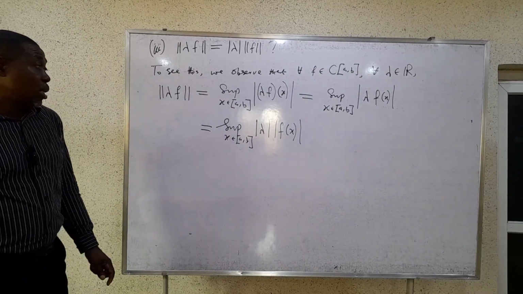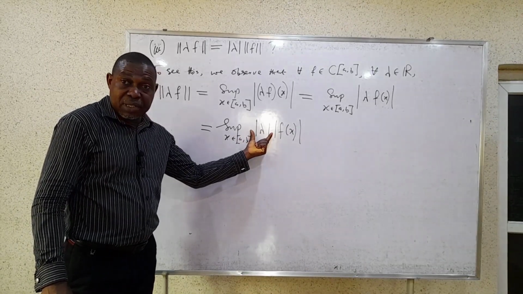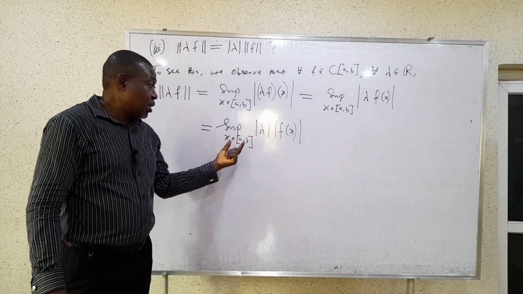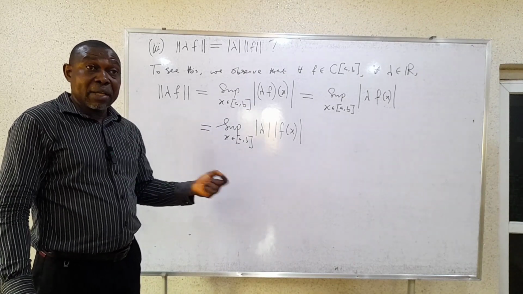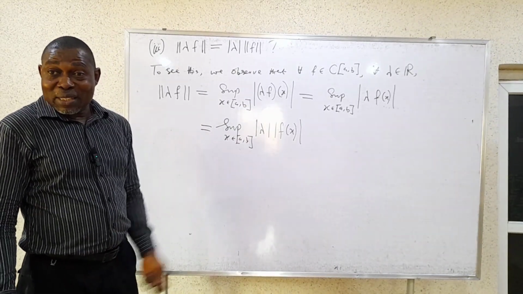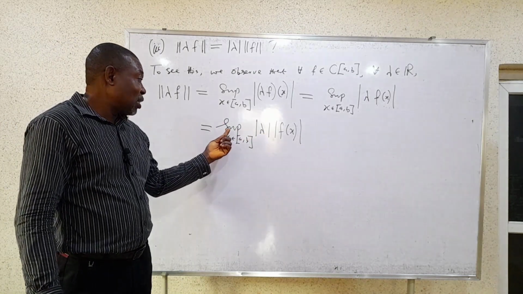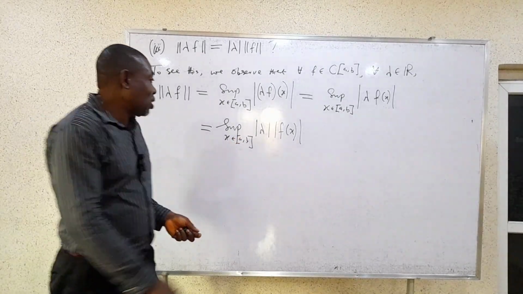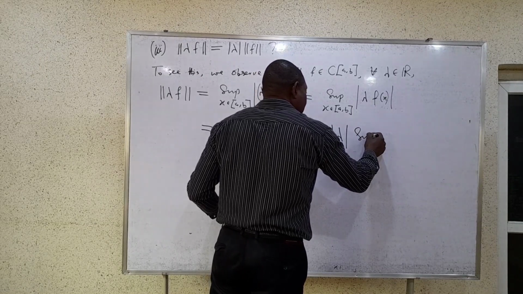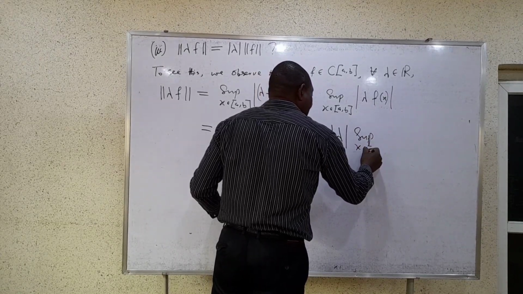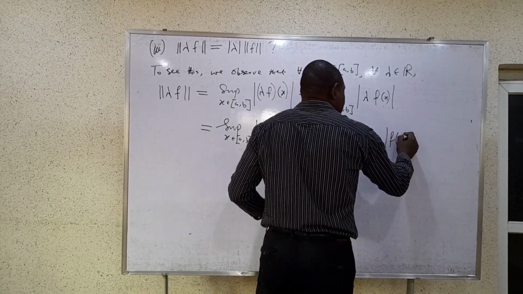But this is a non-negative constant, independent of x. By the property of supremum, we can bring it out and retain the supremum because it is non-negative. If it were negative, once you bring it out, the supremum changes to infimum. So this is the same as absolute value of lambda times the supremum over x in [a,b] of absolute value of f of x.